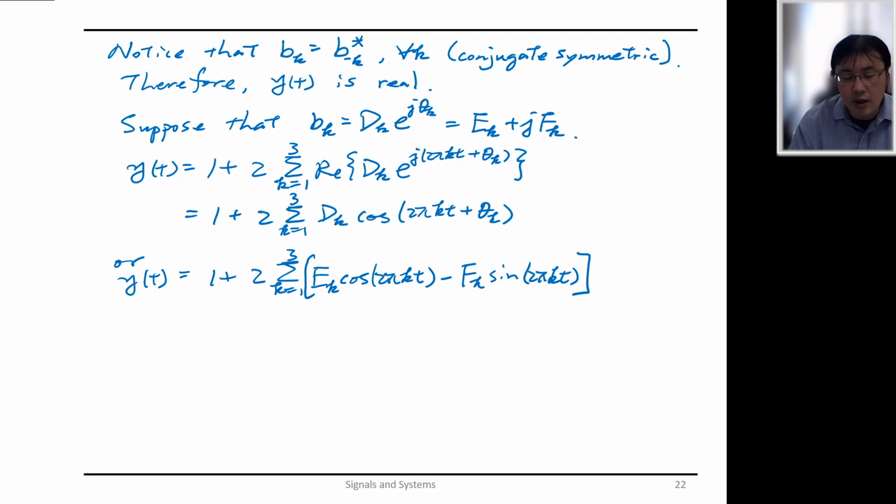So these are just alternative expressions for your output signal y when your input is real and therefore the output is real.